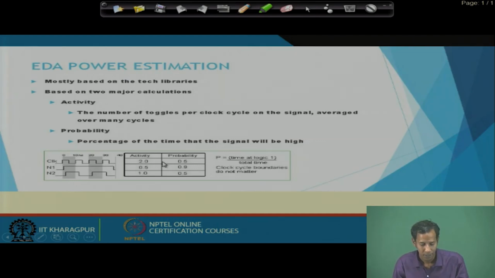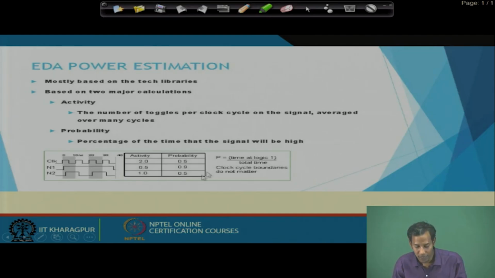Here we set the activity as the number of toggles per clock cycle on the signals. N2 is toggling 2 times, and the probability is the percentage of the time that the signals will be high. For the N1 signal, the activity is how many times it toggles per clock cycle, which we have to check.